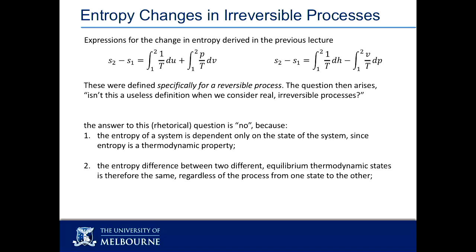If the idea of entropy were wrapped up in the process, to solve problems of losses, I would need to understand exactly the process that occurred for the real conditions I was analysing. I'd need to know everything about what happened. If I were analysing a car engine, and I wanted to understand the real behaviour of the car engine, I would need to understand the friction in the cylinder at all points during the cycle.